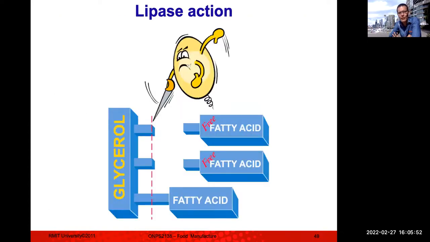When they grow under those conditions, they can produce lipase, and these are enzymes which degrade lipids. These lipases tend to be heat stable, even after UHT treatment.